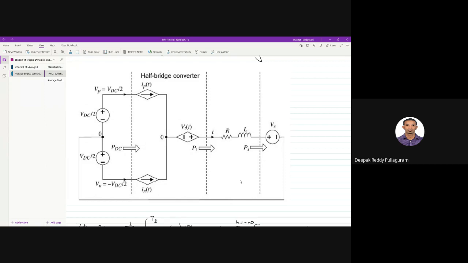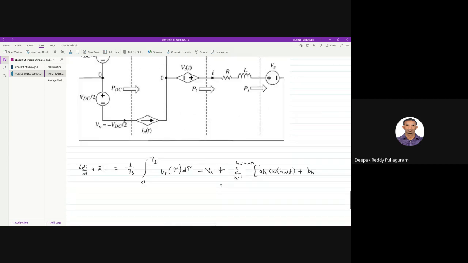We are talking about very high frequency levels, maybe 5,000 Hz or 10,000 Hz. During that instant, even the 50 Hz cycle looks like a constant DC at that switch level. You get my point?